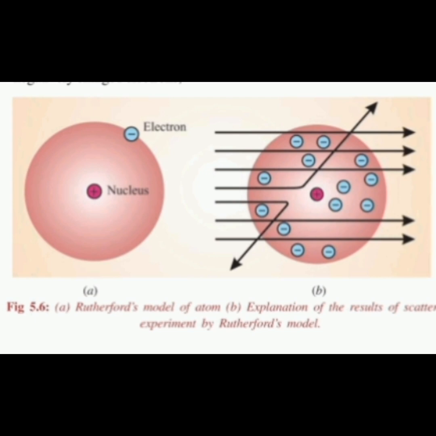You can see the picture 5.6a and 5.6b. 5.6a is Rutherford's model of the atom, and b is the explanation of the result of the scattering experiment of the Rutherford model. So these are the two variations.